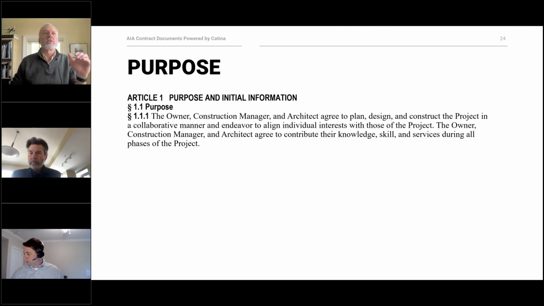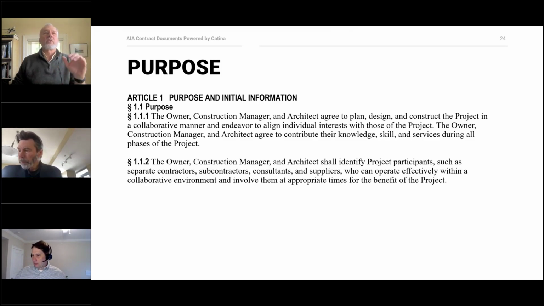Pulling straight from the document, here's the basic guiding principle. The architect, owner, and CM, not necessarily in that order, agree to plan, design, and construct the project in a collaborative manner, endeavor to align individual interests with those of the project. We're all in this together. It's the bottom line. Together, we want to identify who we're going to work with. And obviously, this changes depending upon where the project is based, public or private. Are there bidding laws still within that?